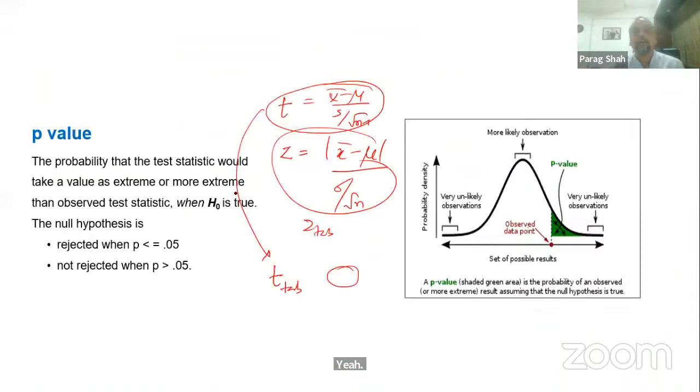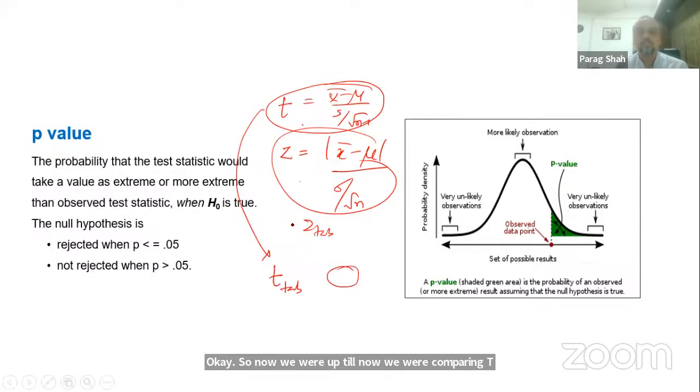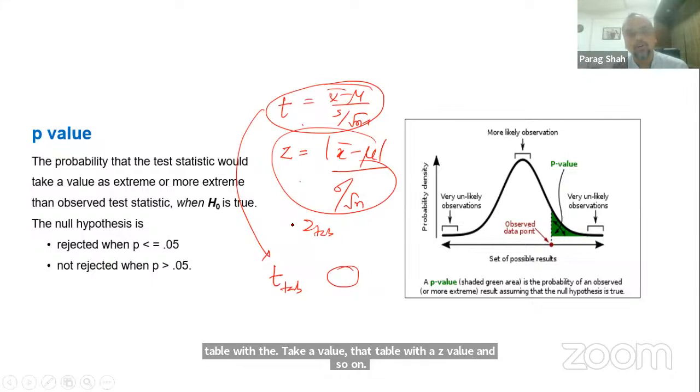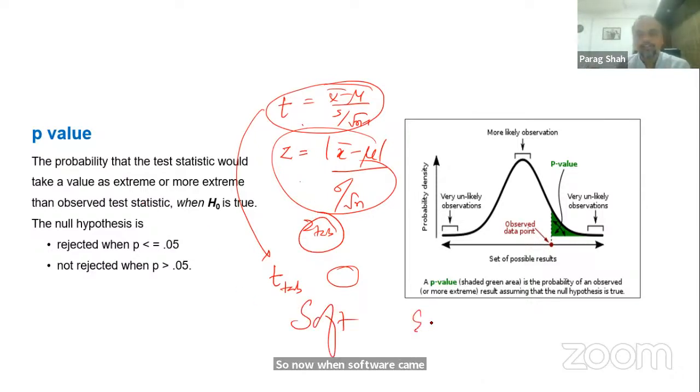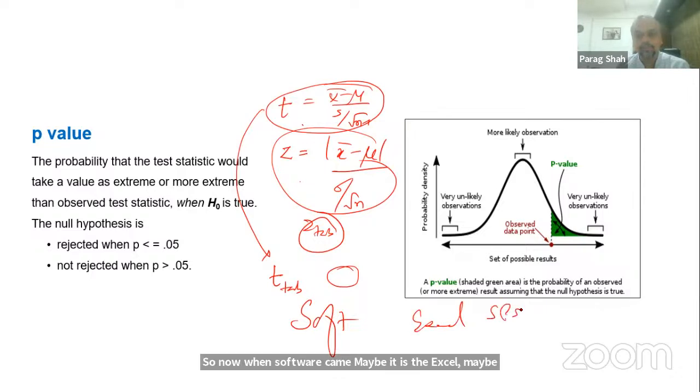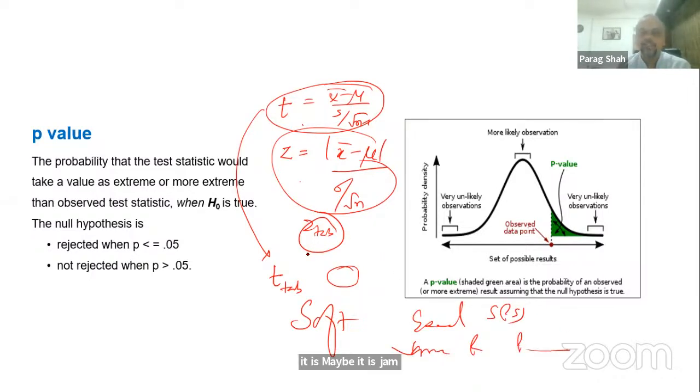So now up till now we were comparing the T table with the T value, the Z table with the Z value, and so on. It was becoming very difficult for all the non-statisticians, because every time we needed a new table. Now that software has come, maybe Excel, SPSS, Jamovi, R or Python, we don't require a Z table or T table.